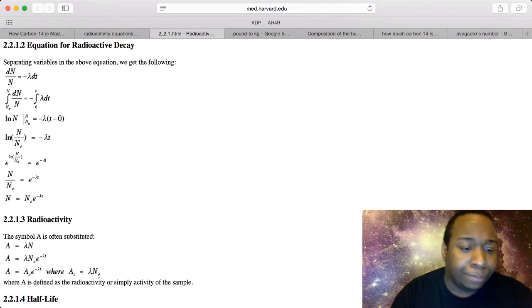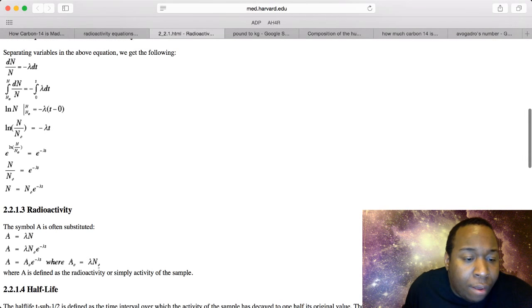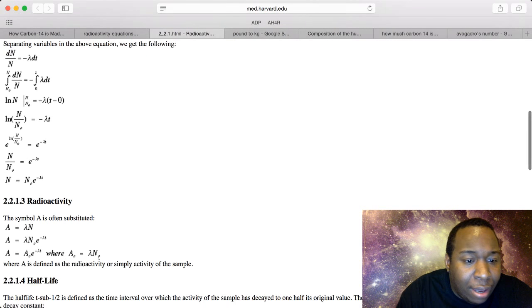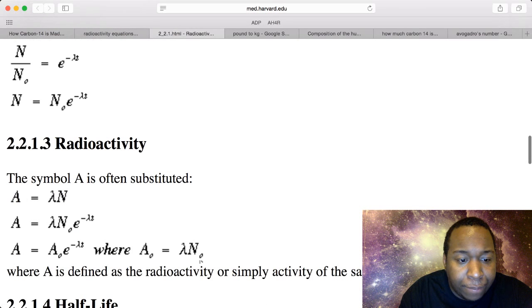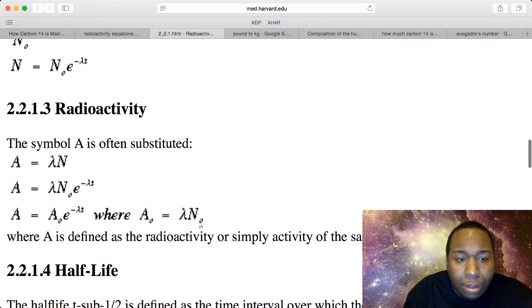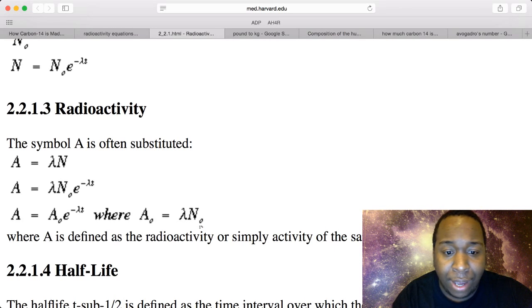Here we go. And so, as we can see here, I'm going to zoom in a little bit. The symbol A for this set of equations represents the activity of the sample, where we can basically use the initial activity A sub 0, or A naught, is equal to lambda times N sub 0, or N naught.